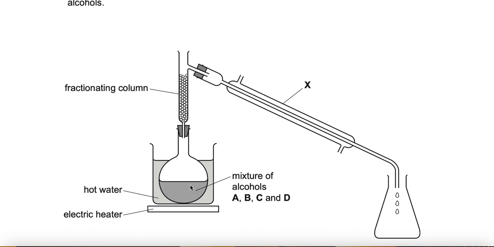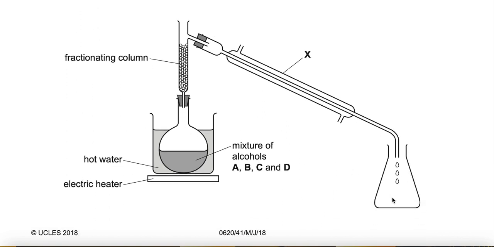Now here you have the fractional distillation. This is the fractionating column. This is the beaker to collect the different alcohols as they reach their boiling points. Here you have the mixture of alcohols inside this flask, and a cork to prevent anything from escaping.